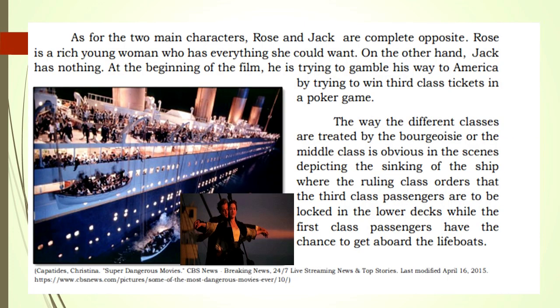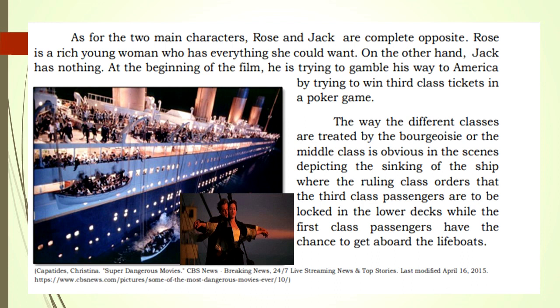Now, as for the two main characters, as you can see in the picture, Rose and Jack are the complete opposite. Rose is a rich young woman who has everything she could want. On the other hand, Jack has nothing. At the beginning of the film, Jack is trying to gamble his way to America by trying to win third-class tickets in a poker game.